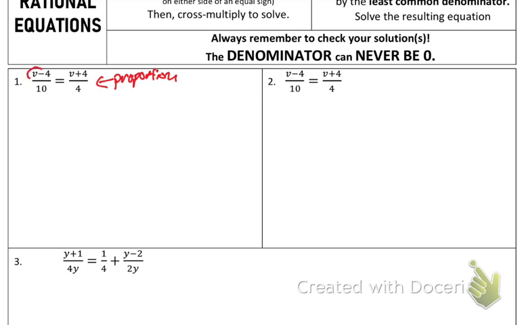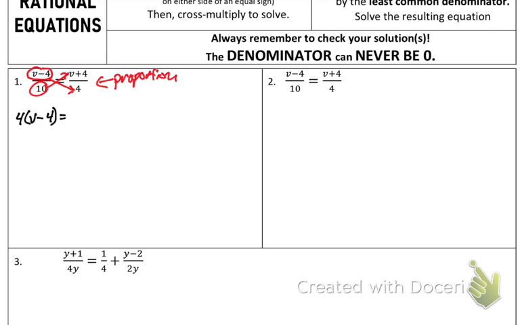Cross multiplication says, well, we could take this top one and multiply it by that 4. We could take that 10 and multiply it by that v plus 4. What I typically do is I take that whole number. So I'm looking at that 4, and I'll multiply that by that v minus 4.